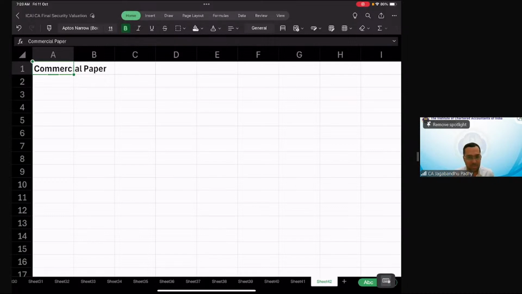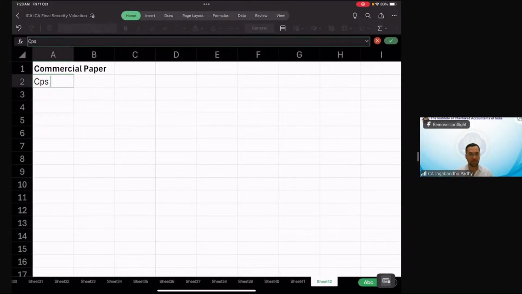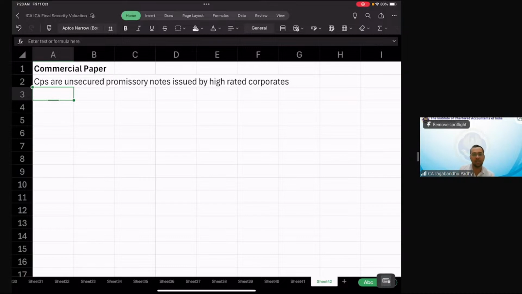Now, what are these commercial papers? They are again a sort of promissory note. Commercial papers are unsecured promissory notes issued by highly rated corporates. It's mandatory for the corporates to get themselves a credit rating before they issue commercial papers.